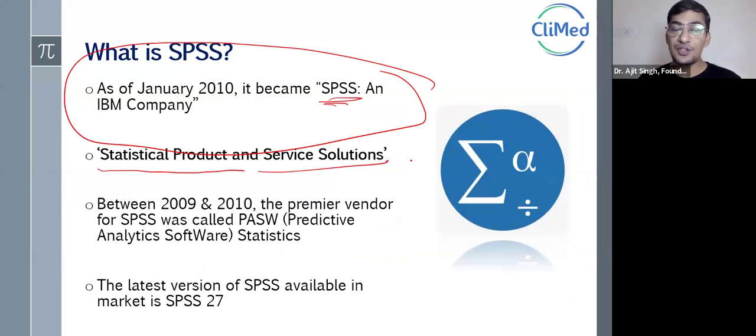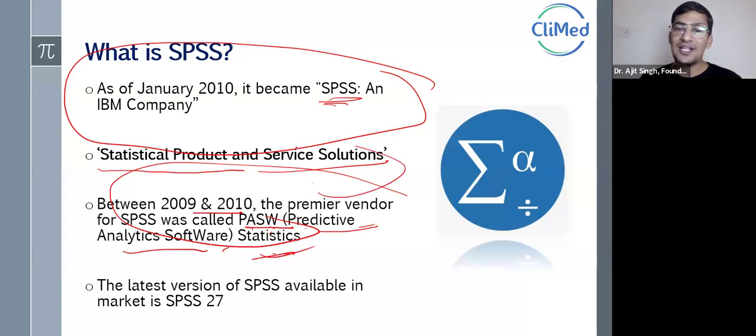If someone asks you the full form of SPSS, that is it. Between 2009 and 2010, while the merger of SPSS into IBM was going on, it was changed for some time to Predictive Analytical Software, but again it has turned to SPSS. You don't have to worry about that.